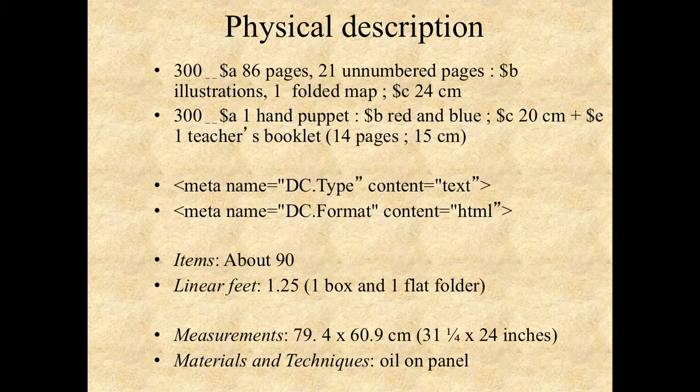The third example is from the archives world, where of course we might measure things not in number of pages, but rather in terms of linear feet or cubic feet. And then the final example, we have a couple of examples from, again, the museum world, giving dimensions and materials and techniques for a work of art.